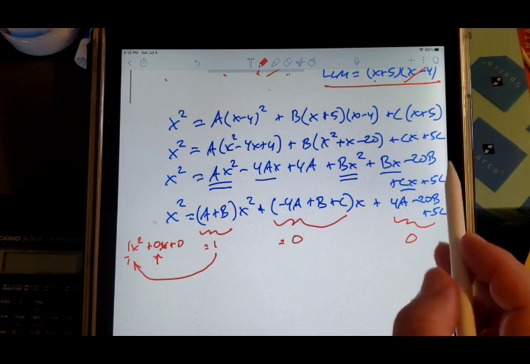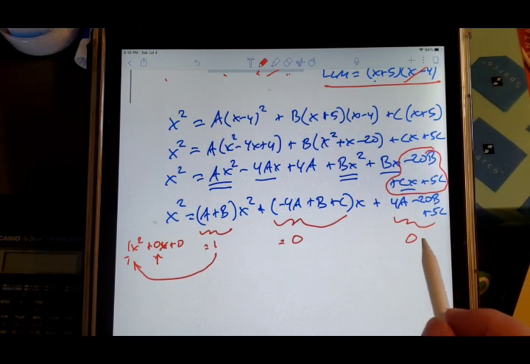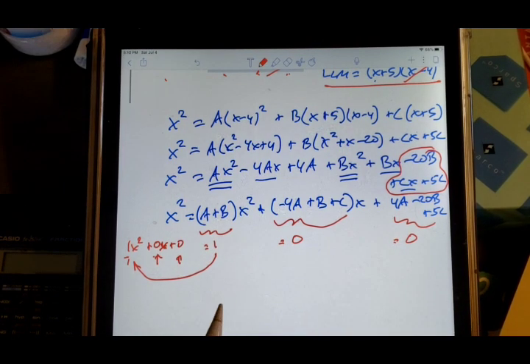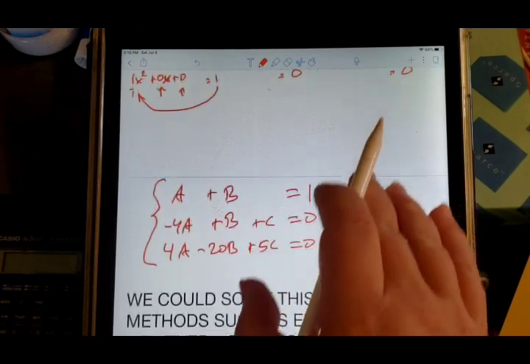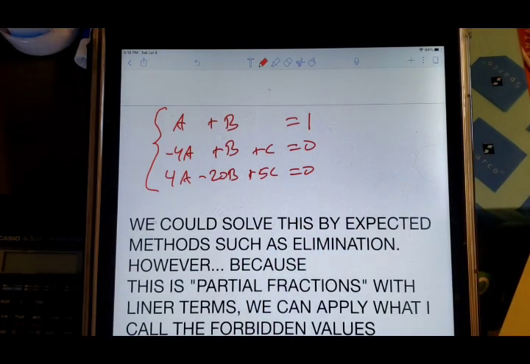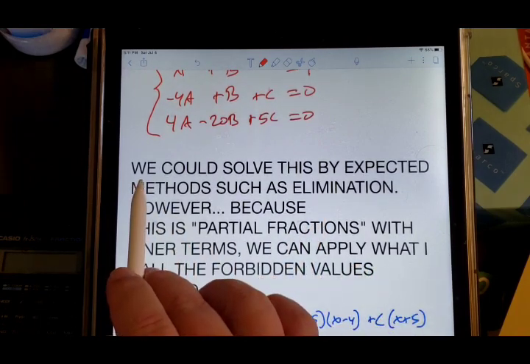And this last term, which kind of took up 2 lines here, has to equal 0 as well. So what does that look like in a chapter 8 style system of equations? It's like this.